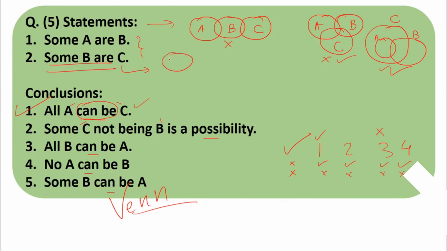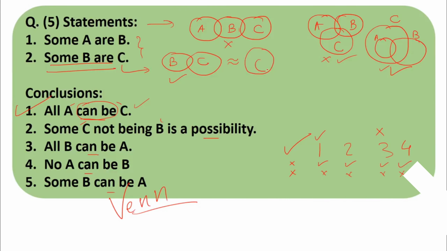This can be written like this: B and C. Some B are C, and this conclusion holds true here, that some part of C may not be B. But we have already learned some B are C can also be drawn like this.